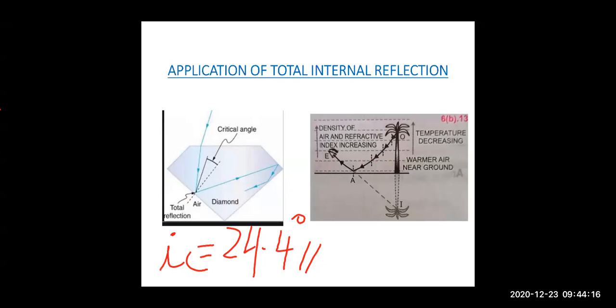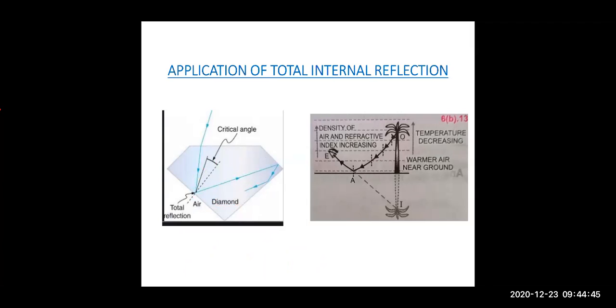But how? Because, children, the diamond is cut in such a way that light which falls on the diamond enters at an angle of incidence greater than 24.4, and therefore multiple reflections occur inside the diamond, and so light remains within the diamond and does not come out, and so your diamond sparkles, right?